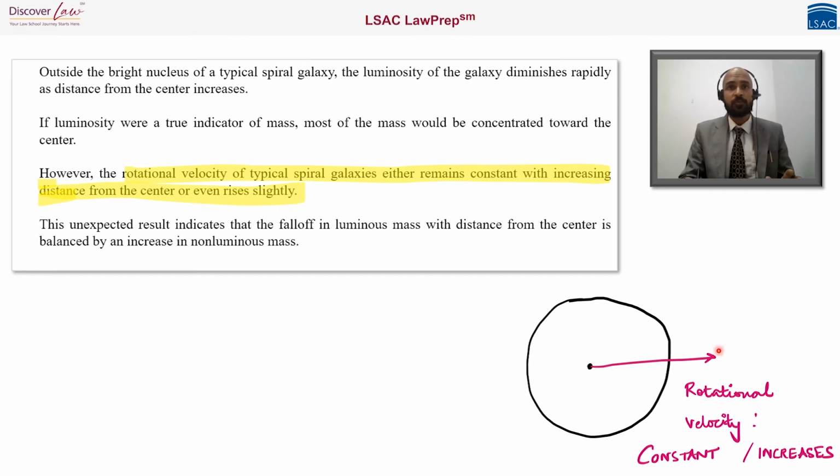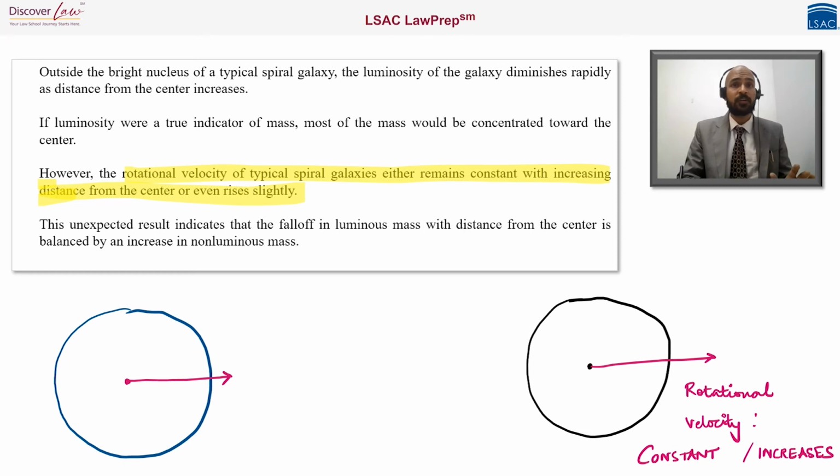So the luminosity decreases as you go away from the center, whereas rotational velocity remains constant or increases. This calls for an unexpected result. You don't need to think so much, you can see that something unexpected has happened here.